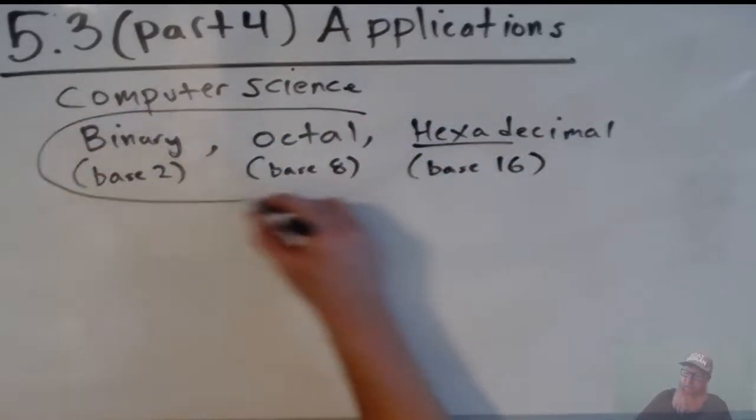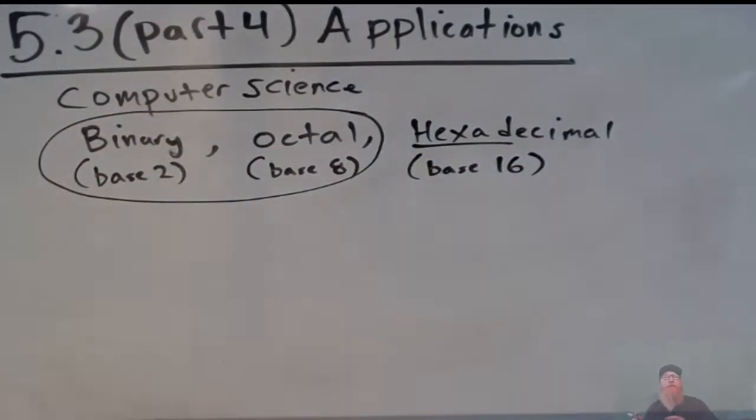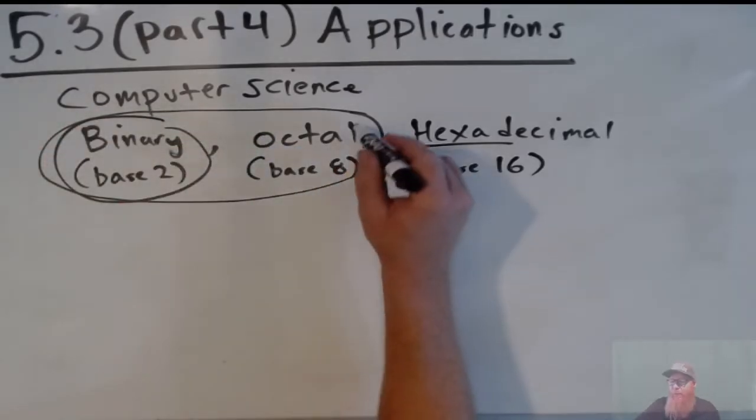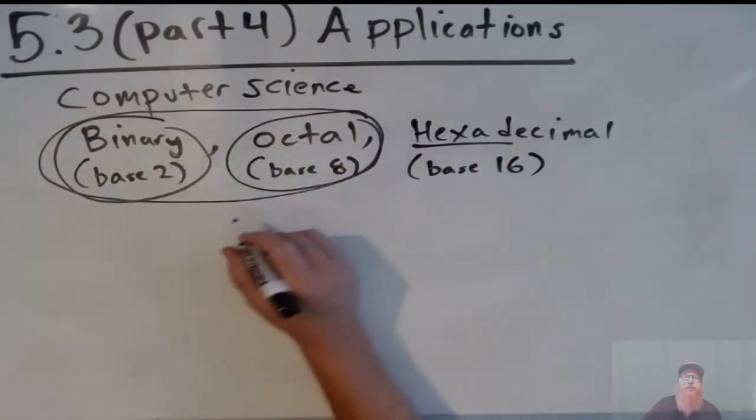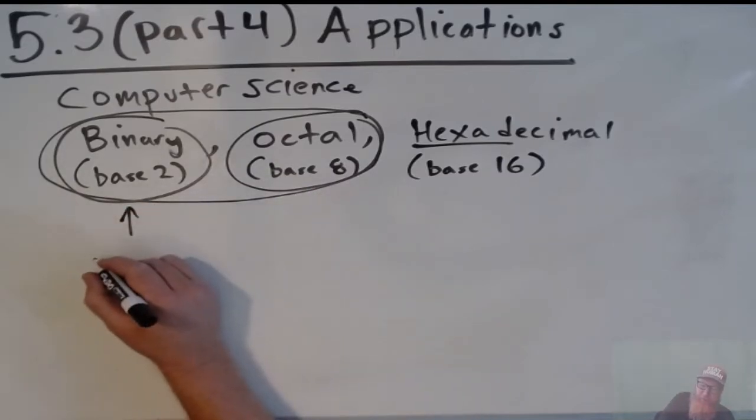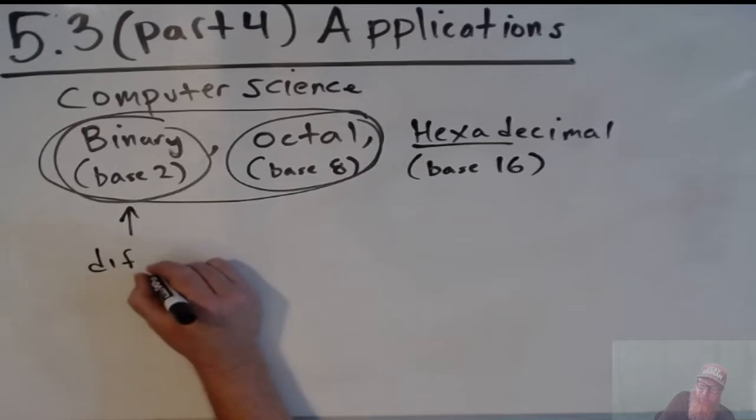Let's talk about the numbers that we've already been discussing, binary and octal. One of the reasons why we use the octal number system is binary numbers can be difficult to read.